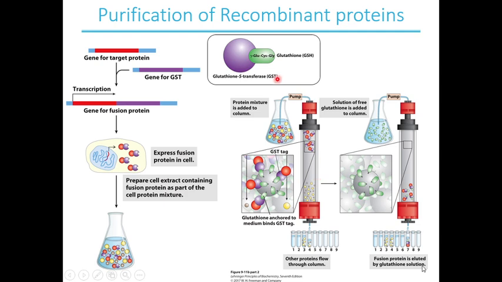As I said before, GST or glutathione S-transferase is a small enzyme that binds glutathione, which is a tripeptide. Now, this glutathione is immobilized in this specific column, and the matrix is made up of immobilized glutathione.